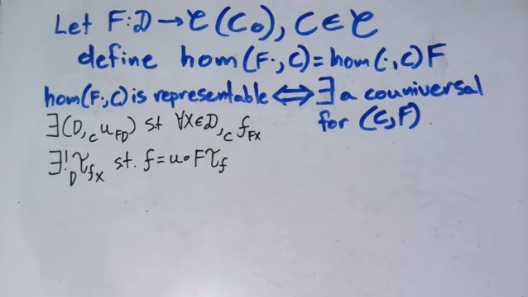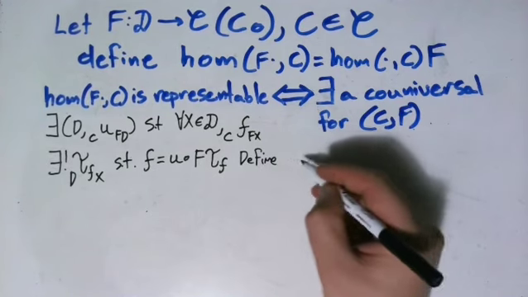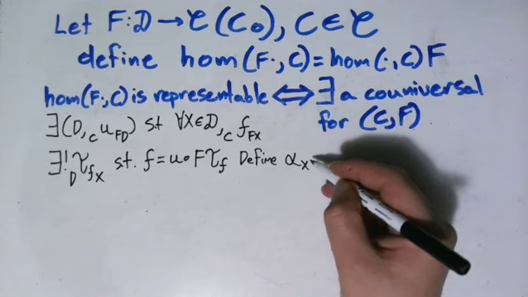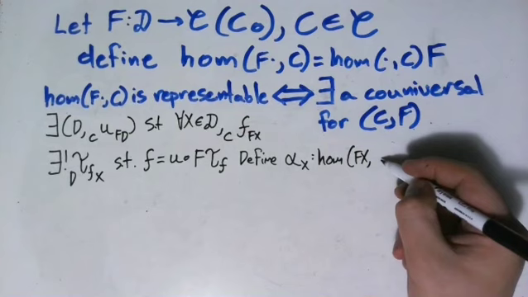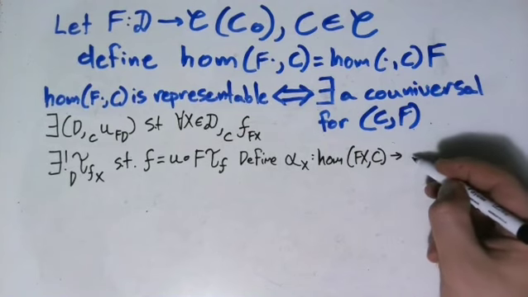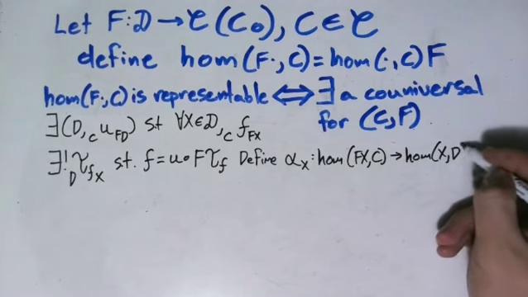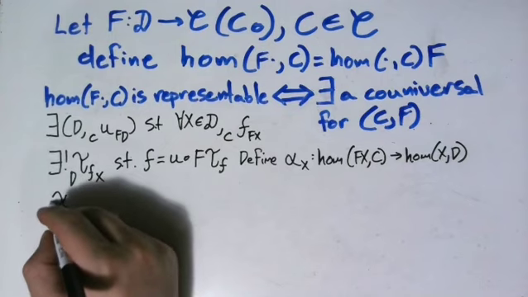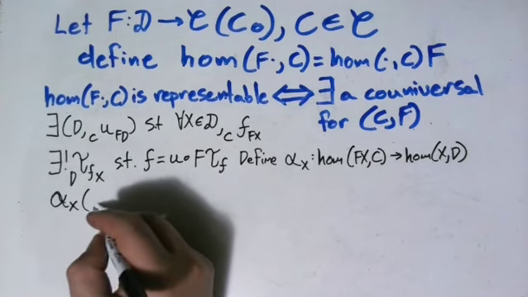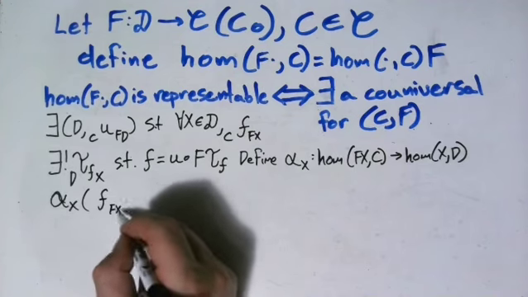And so we can actually define a properly defined function, call it lambda x, going from Hom(F x, c) into Hom(x, D), which is defined by simply alpha x of some morphism f going from F of x into c.